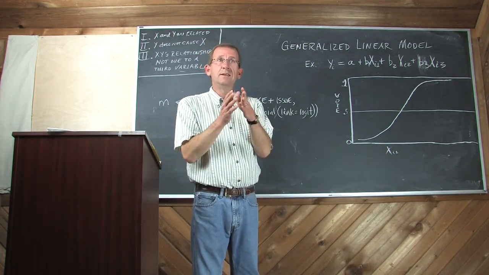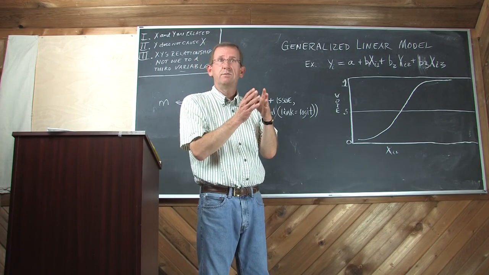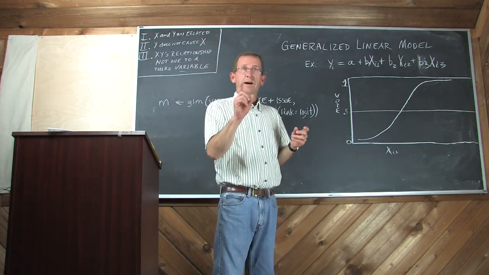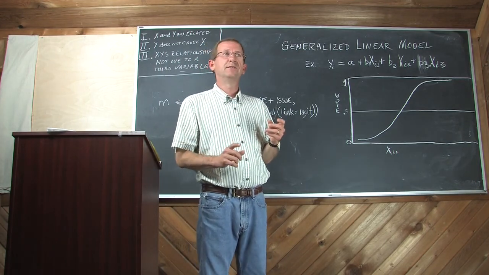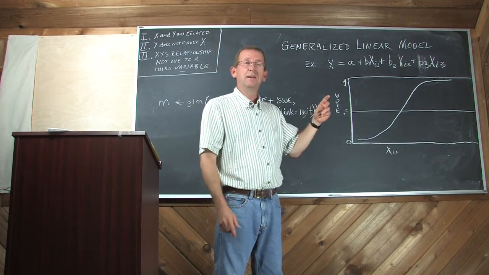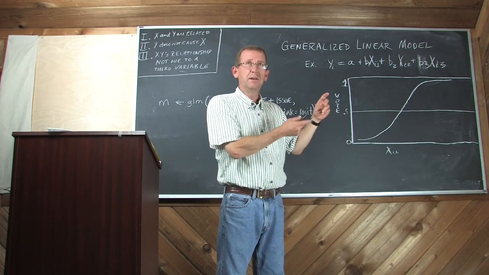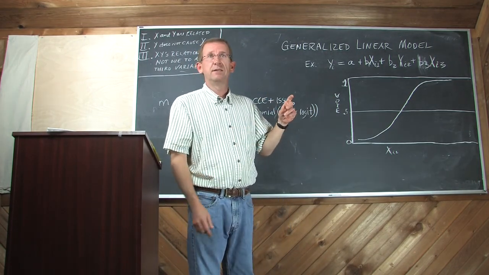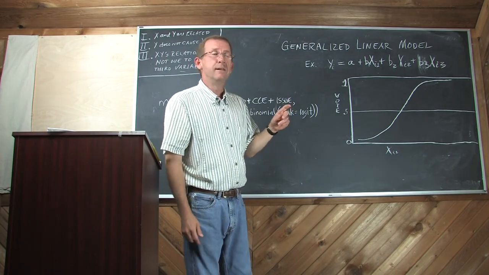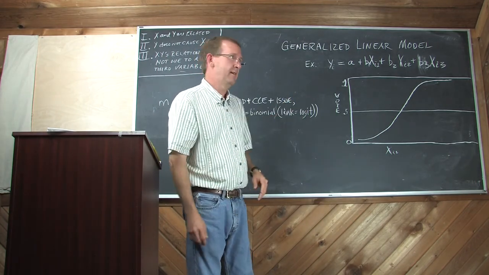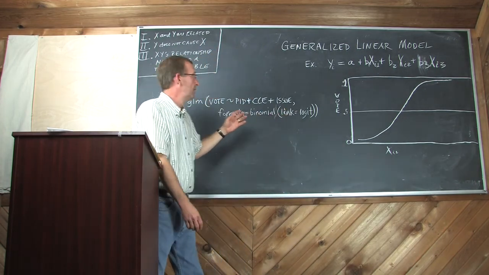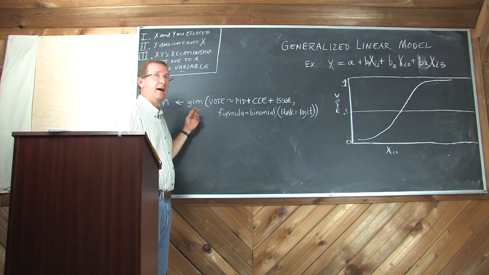What we find, though, is that oftentimes those models predict outside the interval of 0 and 1. That's a problem. Predicting outside the interval of 0 and 1 when the dependent variable underlying it is probability is incorrect. So probabilities are bounded by 0 and 1 in theory, and we need to, in practice, make them bounded by 0 and 1. And a generalization of the linear model allows us to do this.